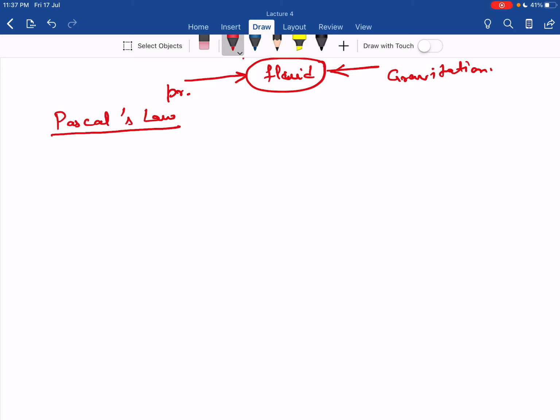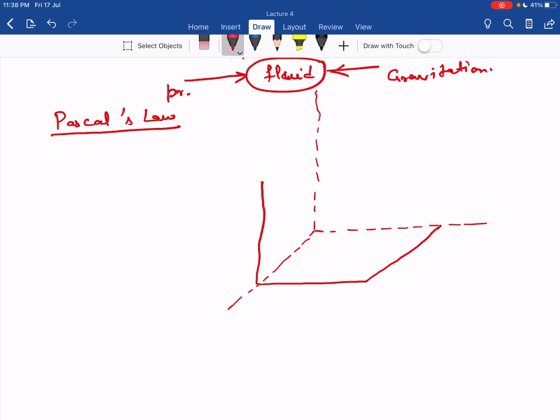So that we have something like this. So this is a wedge-shaped element.